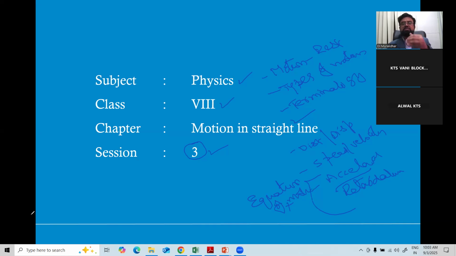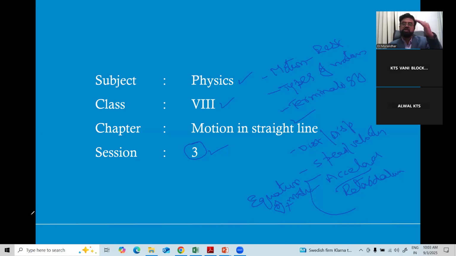Once a body starts into motion, every moving body will have distance or displacement, speed and velocity. Now acceleration and retardation also. After knowing about acceleration and retardation, you should know the relationship among all these.